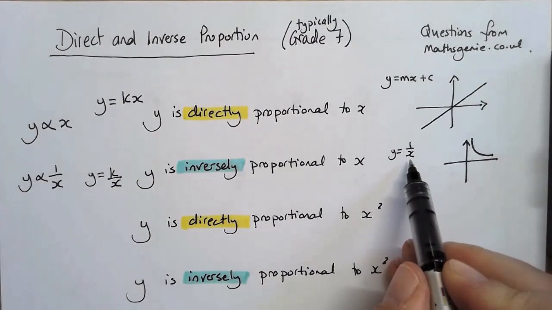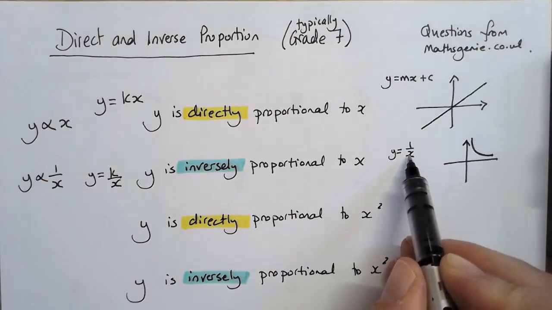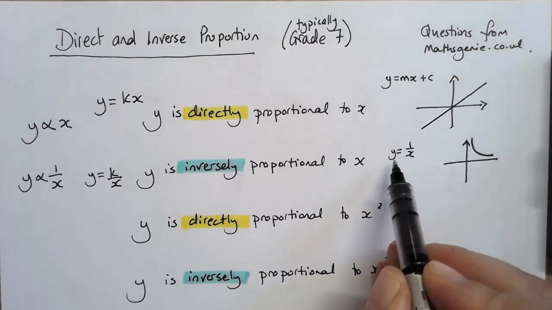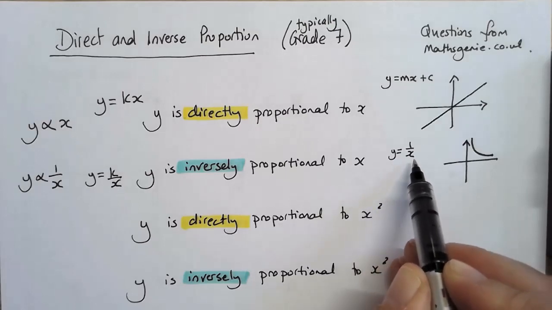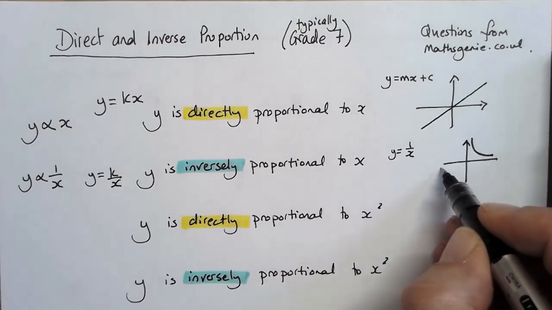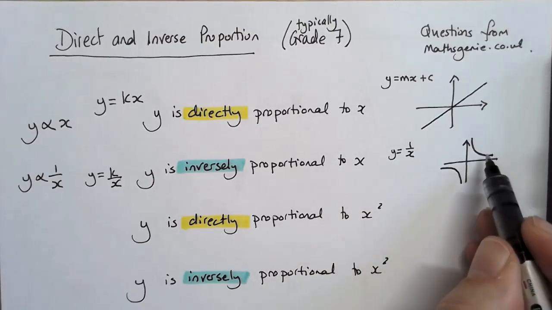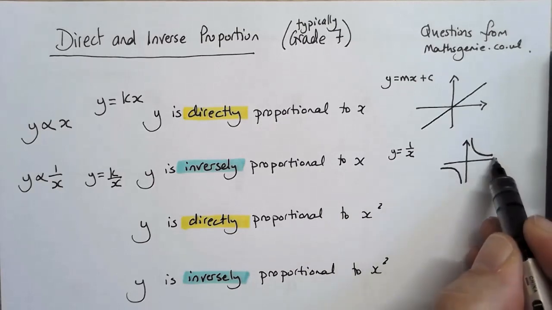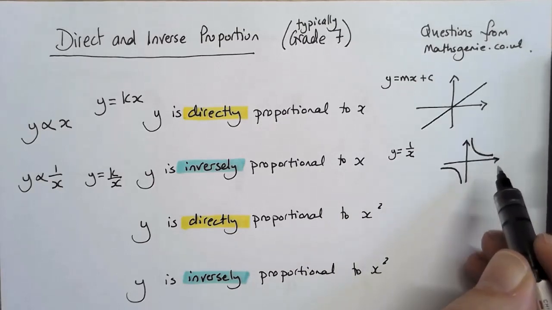Think about it as a negative. As x gets bigger, y gets smaller, but y will be negative. So if x is negative, then y will also be negative. And therefore this is the graph, because this is in the positive quadrant and this is in the negative quadrant.